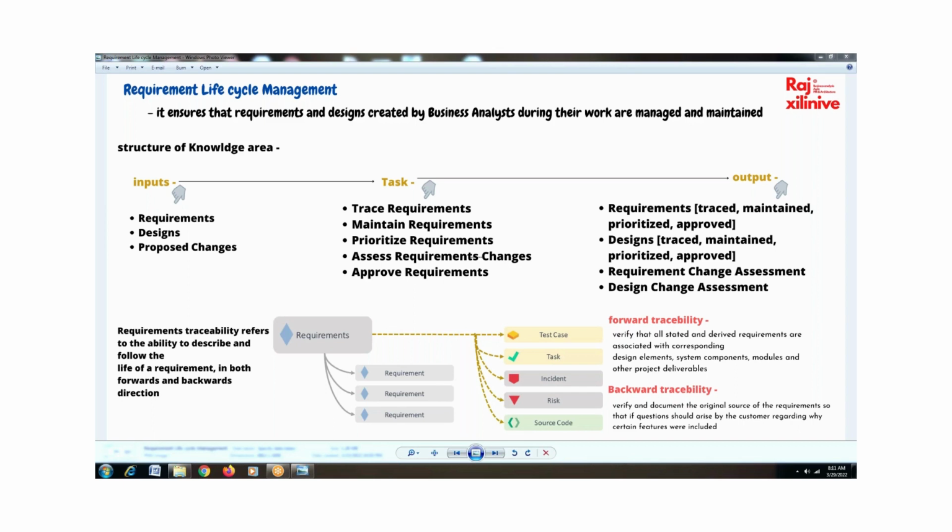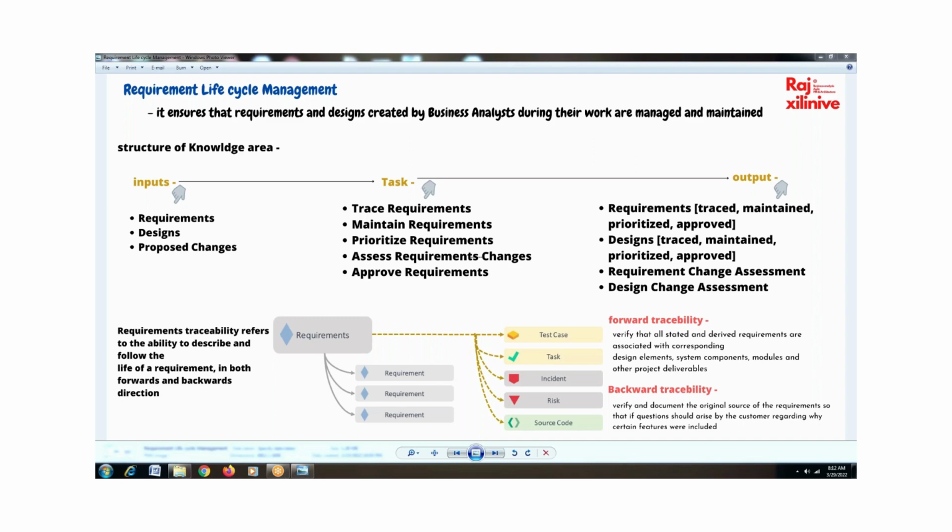Third, solution requirements. Next, transitional requirements, followed by regulatory requirements. So these are the requirements: business requirements, stakeholder or end user requirements, solution requirements, transitional and regulatory requirements.